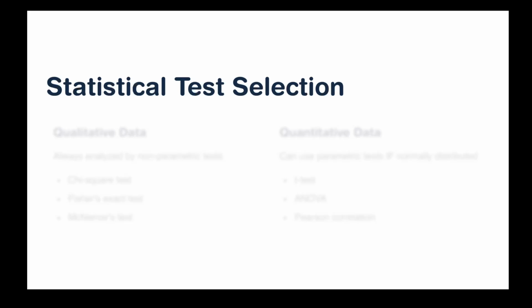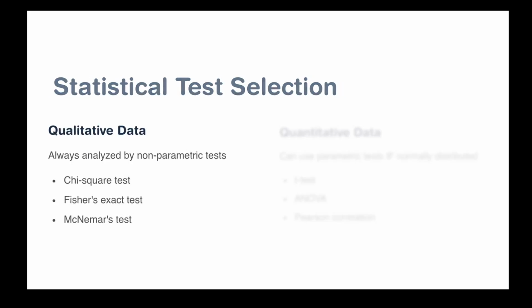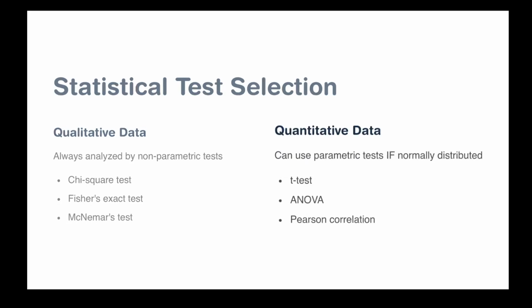Okay. And how do we know which type of statistical test to select? We have different tests, some named after scientists and some based on the formula. Qualitative data are analyzed by non-parametric tests, such as chi-square, Fisher's exact test, McNemar's test, whereas quantitative data use parametric tests if normally distributed.